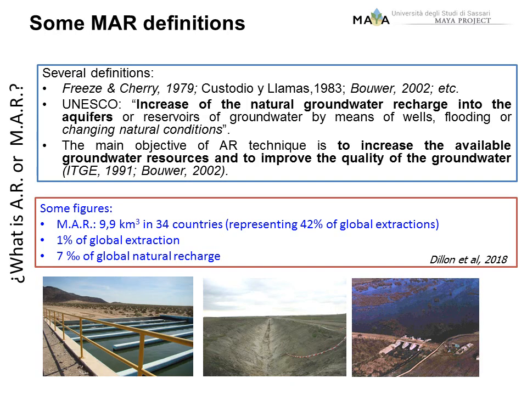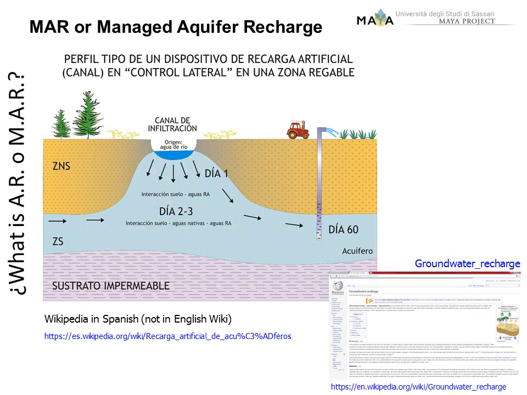There are several definitions for MAR, for example the one from UNESCO, increase of the natural groundwater recharge into the aquifers, or the one from Bauer, to increase the available groundwater resources and to improve the quality of the groundwater. Whatever the definition, the most important in my opinion is the keyword intentional. MAR is performed by men, and these figures represent how important this technique is.